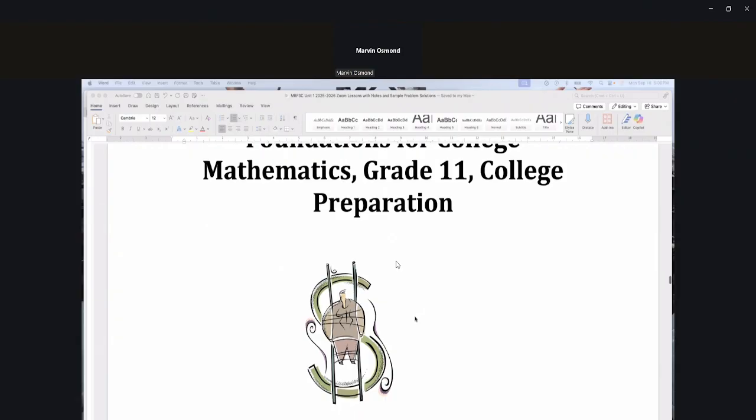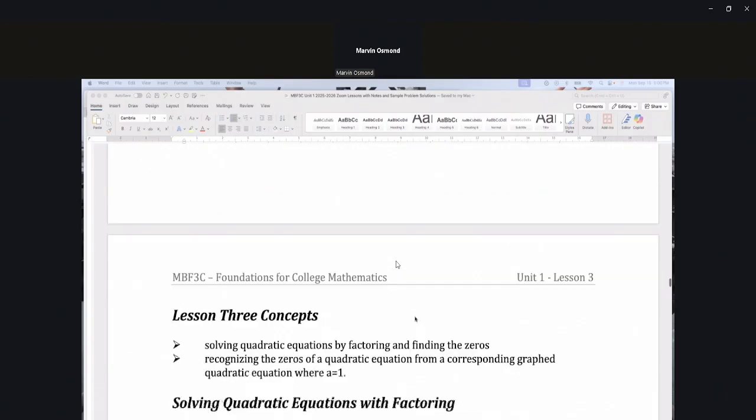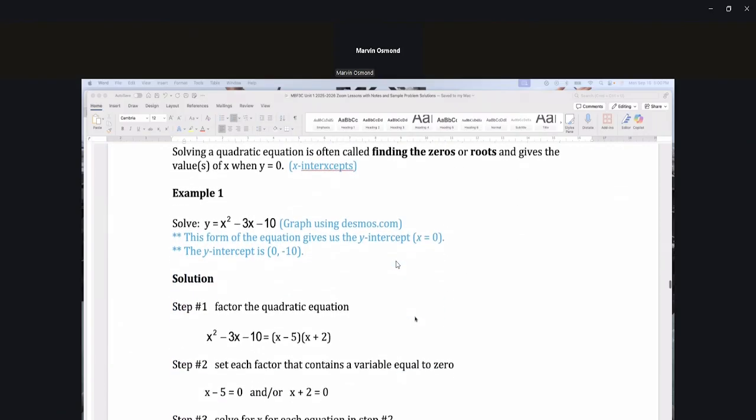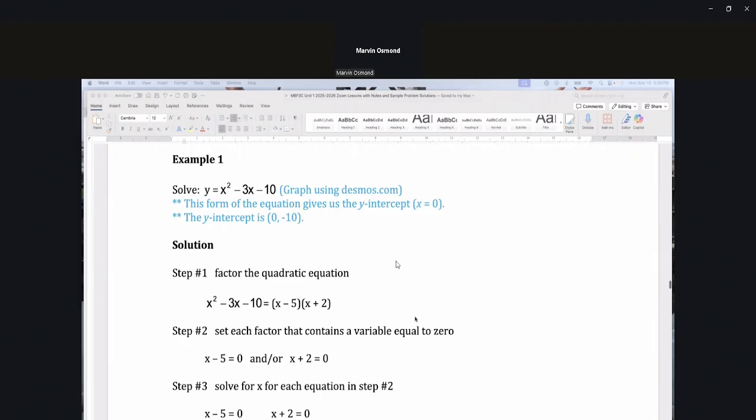So last week we looked at the different forms of a quadratic equation and what information we can get from each one and how it can be used to help us graph. The last one we looked at was the factored form of an equation.